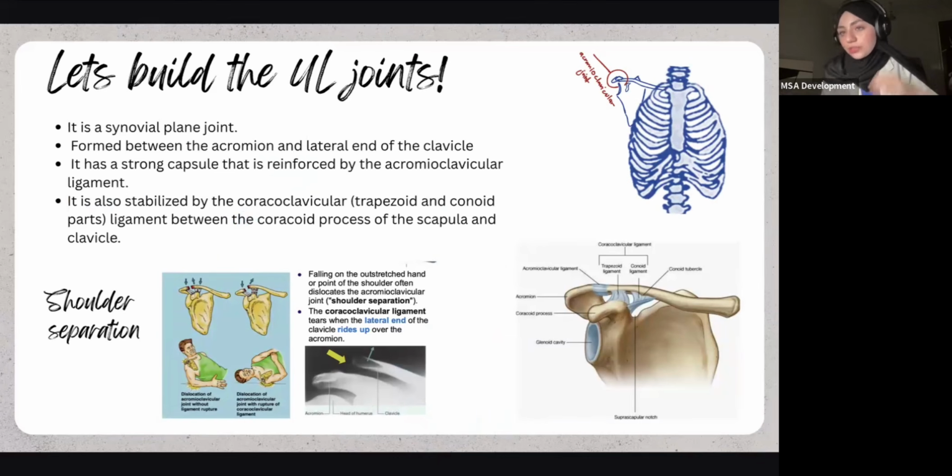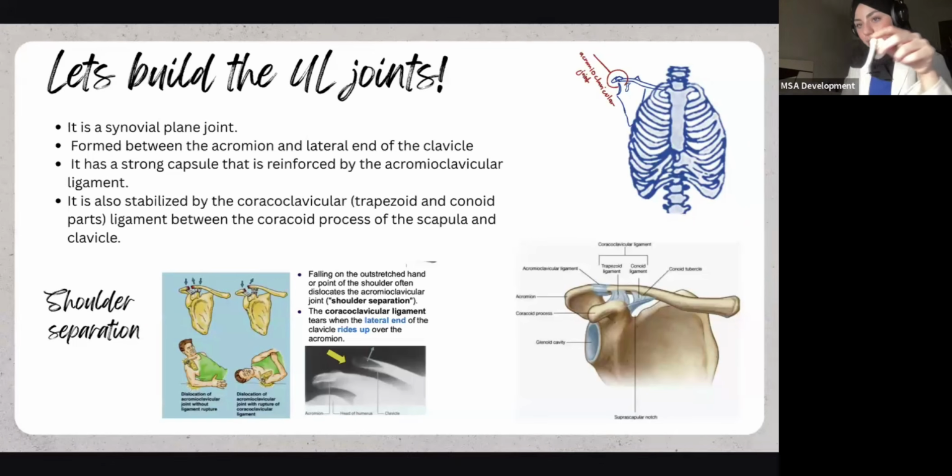Recall, what did I say about plane joints? They don't move. Realistically, when you are looking at it from a very outside perspective, the joint doesn't move. But what's important about this is it acts almost as if, this is a very good analogy for this joint, when you are trying to catch a fish with a fishing rod, this is exactly what this joint does, the connection between the rod and the string and the fish.